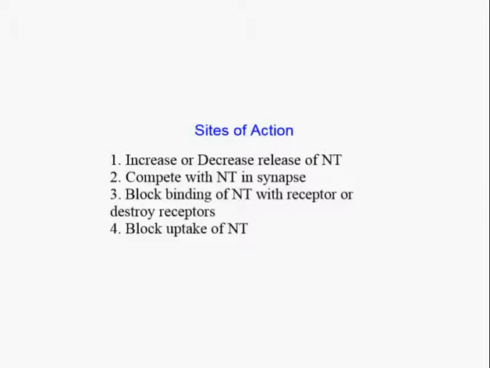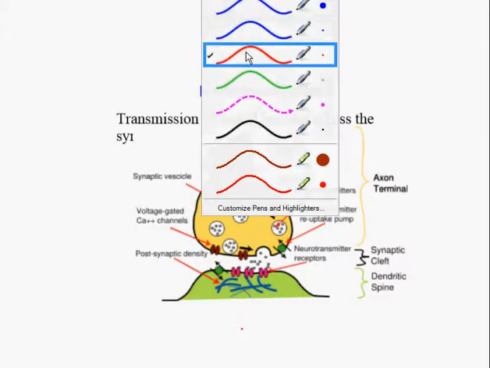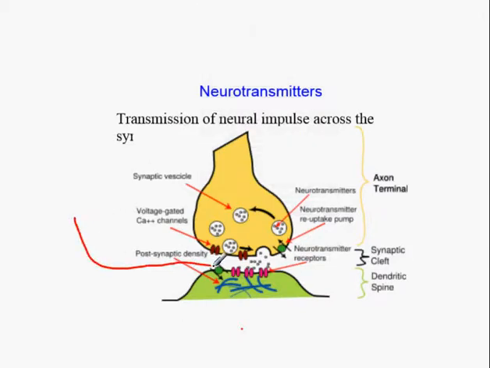We want the neurotransmitters to go across, but what if some chemical came along that increased or decreased the amount of neurotransmitter? What if a chemical came across from somewhere else that increased the amount of neurotransmitter that went here? Or, conversely, what if this chemical decreased it? That would change the amount of activity on the other side.